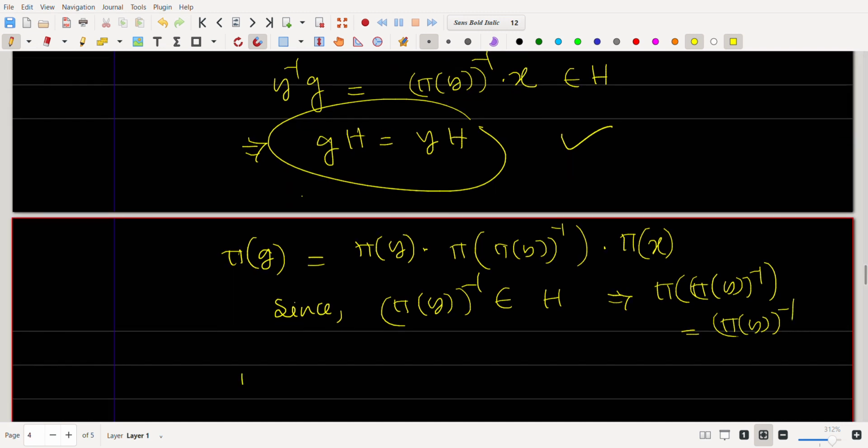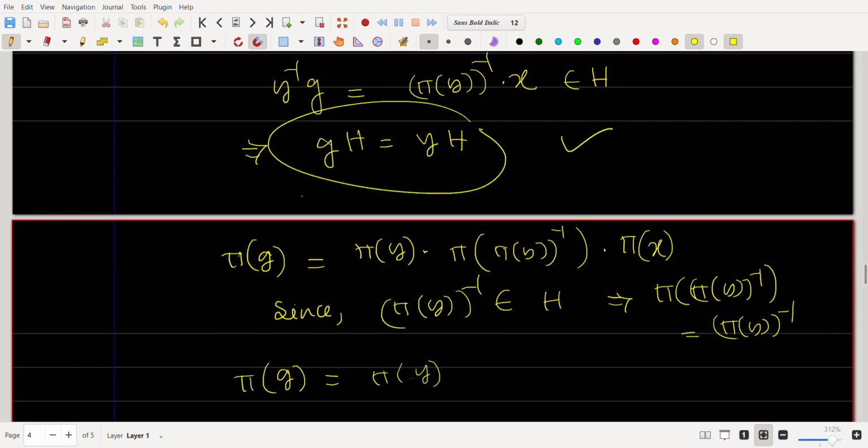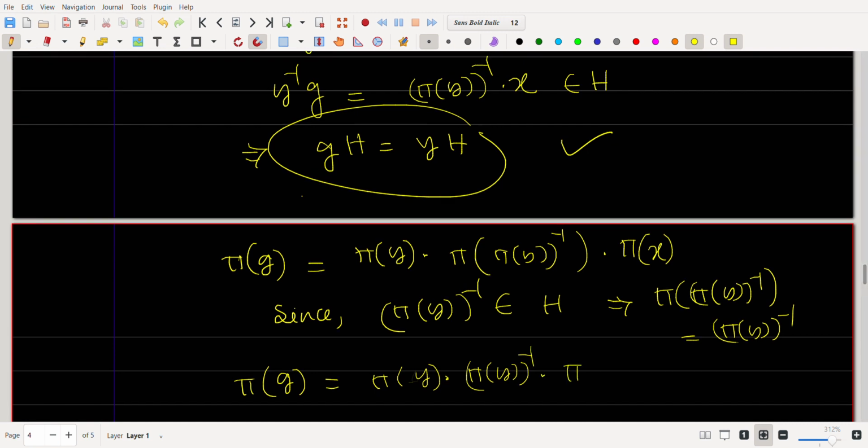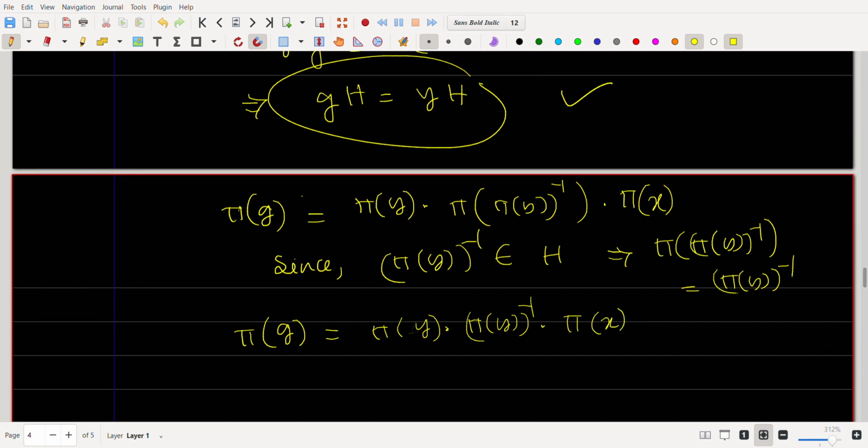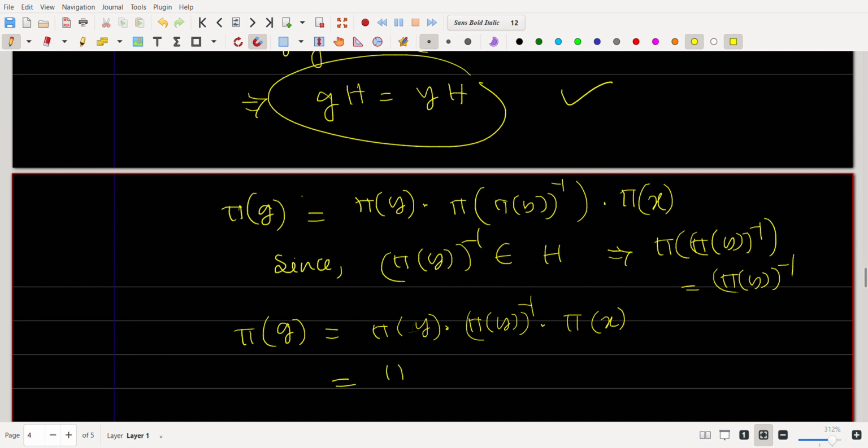Because pi fixes elements of H. So we have pi of g equal to pi of y dot pi of y inverse dot pi x, which is the same as pi x. Now since x belongs to H, pi fixes elements of H, so pi g equal to x.